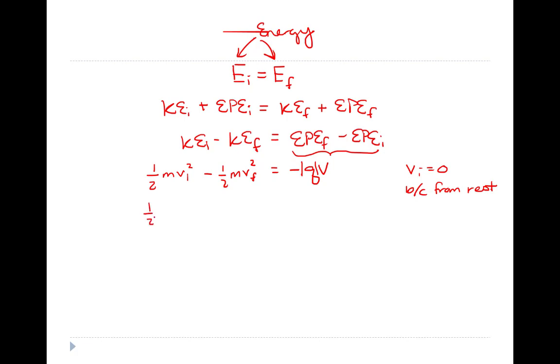So this is going to be 1/2 m times 0 squared minus 1/2 m V final squared, which means V final squared equals 2 times the absolute value of Q times V divided by M.